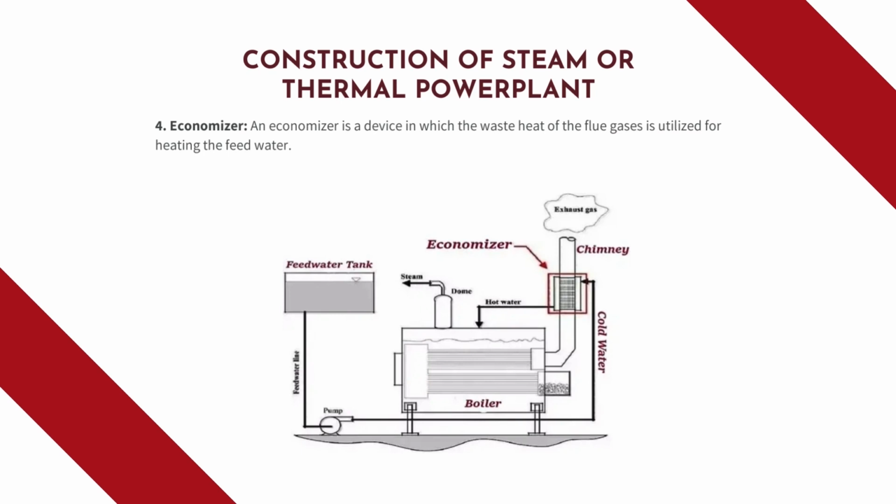Here we can see the picture of an economizer. The economizer is kept in the chimney so that the heat of flue gases can be utilized to heat the raw water that has to be circulated to the boiler, so that the heating energy to be used in the boiler can be reduced. So, ultimately the economizer increases the efficiency of the thermal power plant.